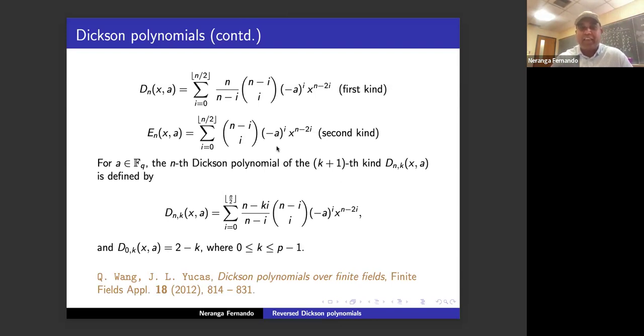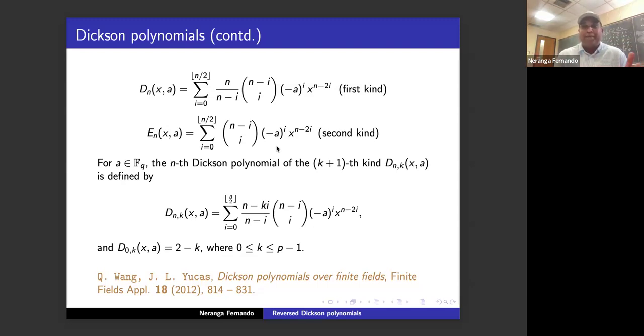In this paper, they studied the Dickson polynomials of the third kind over finite prime fields and finite field extensions, and they also derived some algebraic properties of Dickson polynomials of the k plus 1 kind. So that's the story of Dickson polynomials.